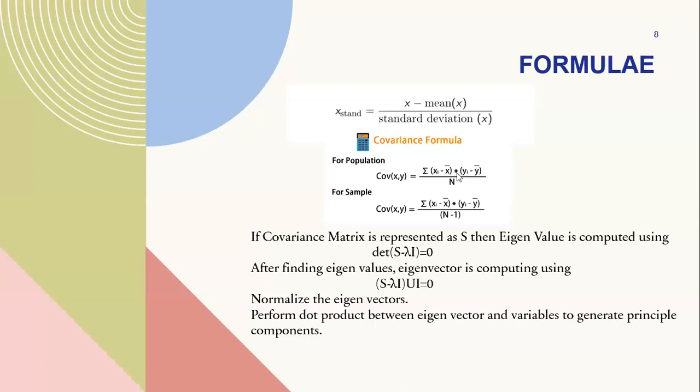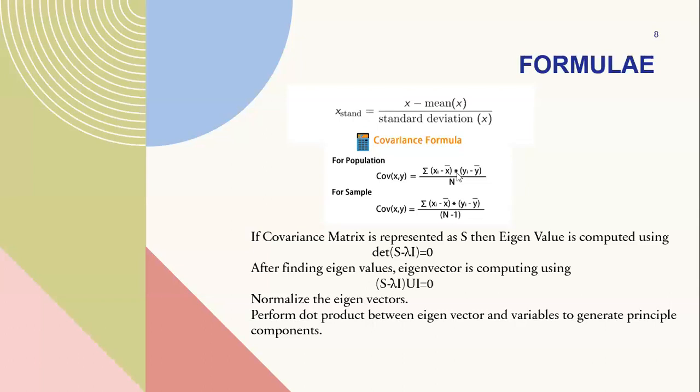After finding eigenvalues, the eigenvector is computed using the formula (S minus lambda I) into ui equal to 0, right? When I solve this, I will get the eigenvectors. Then we normalize the eigenvectors so that the values fit between 0 and 1 again.